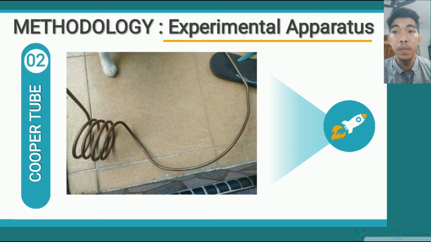Copper has a small electrical resistance and good electrical conductivity of all metals except silver. Current flows very easily through copper due to its small electrical resistance, without much loss of energy. So that is the reason why I chose copper as a material in this experiment.